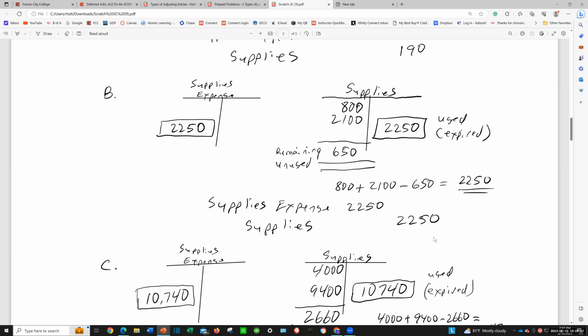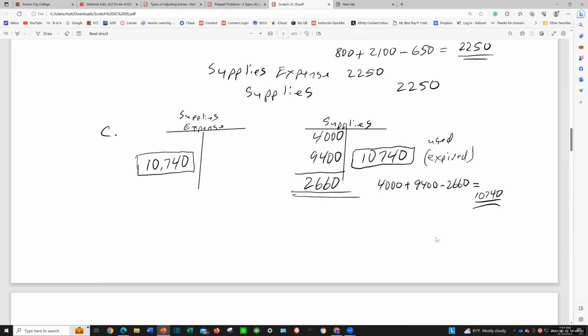All right, just one more. The supplies account has a debit balance to start the year. Okay, a $4,000 debit balance to start the year. Put it in. 4,000. During the current year, supplies of 9,400 were purchased and debited to the supplies account. No problem. Put it in.